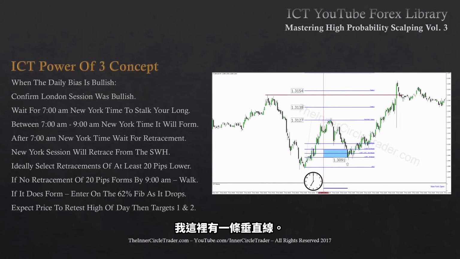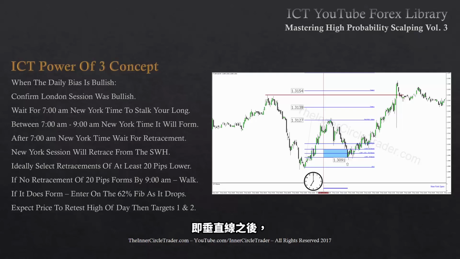As you can see, here's an example, and I have a vertical line here. This is delineating 7 o'clock in the morning New York time, or the beginning of the New York session. And price creates a bounce in the pre-New York session, but it's an exceedingly large retracement, and I'll talk more about that when we mention how to time or anticipate reversals.